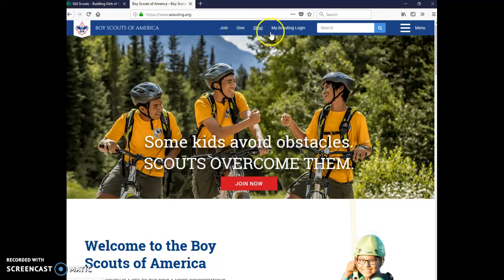In Boy Scouts there are just four important keys: join, give, shop, and my scouting login. So this is login, join, give for the volunteer, and shop.